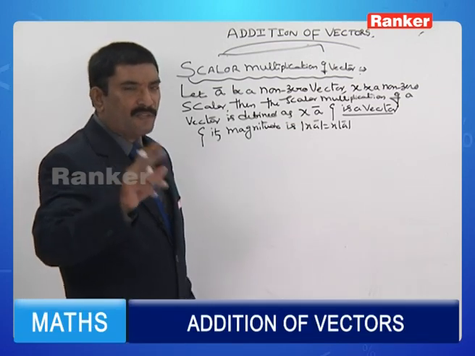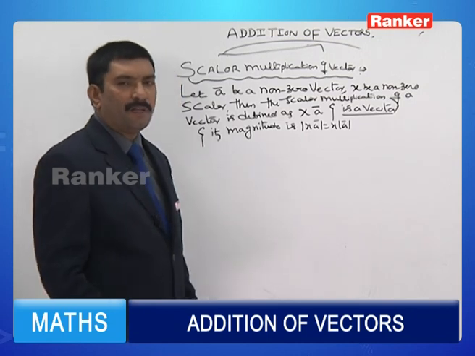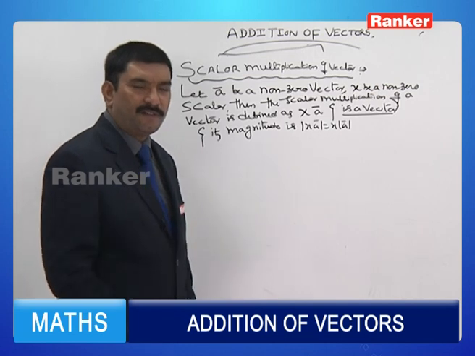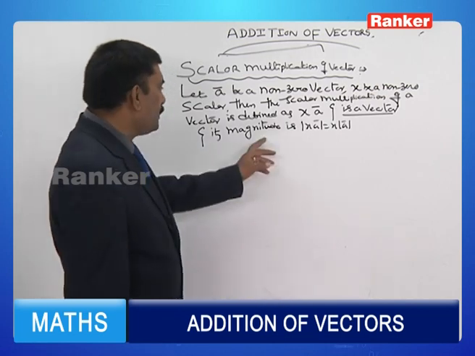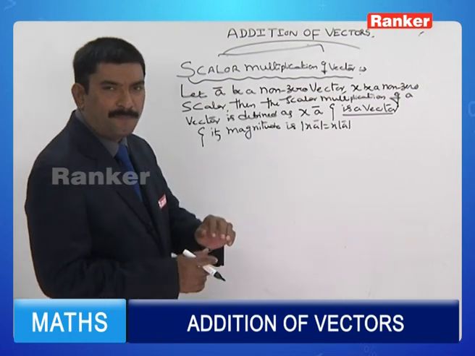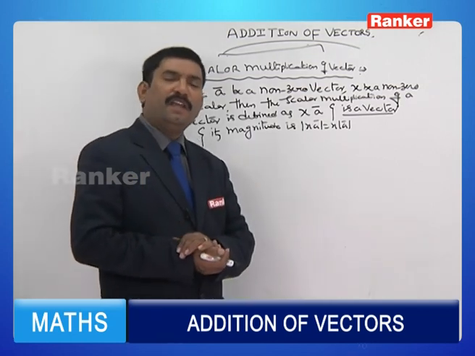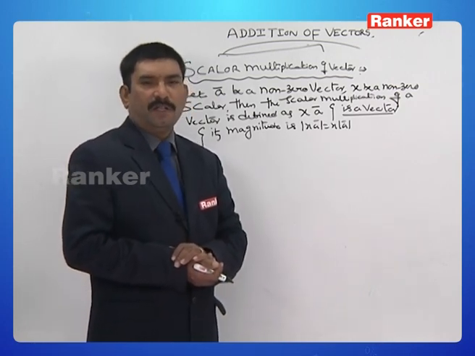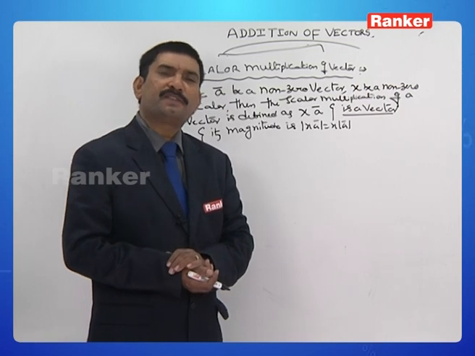It is never a scalar. If it is a scalar, no need to go for discussions. Since it is a vector and its magnitude is modulus of xa bar, x into mod a bar.